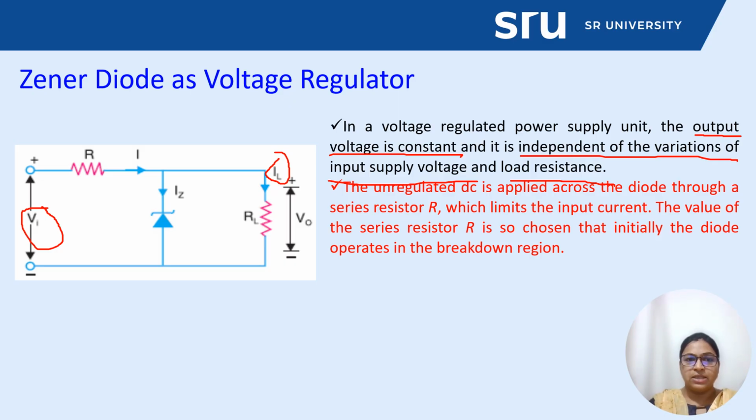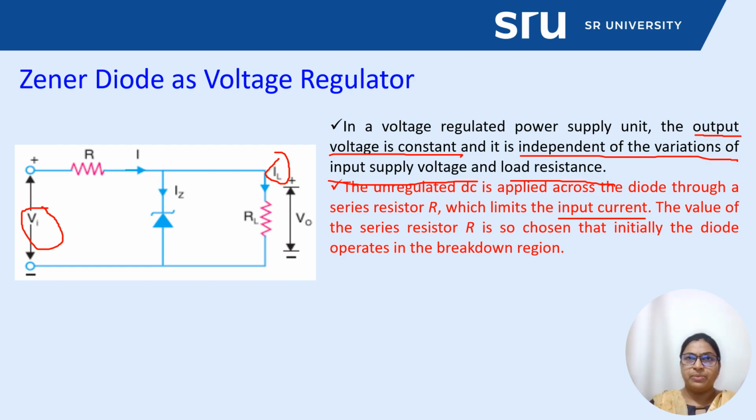This is the series resistor R, which limits the input current. The main function of this resistance R is to limit the input current. The value of this resistor typically depends on your breakdown voltage.